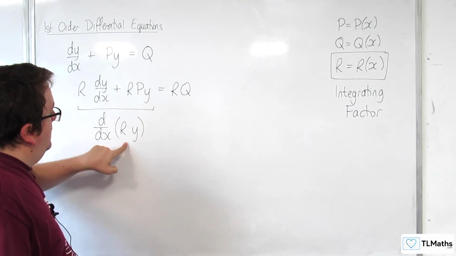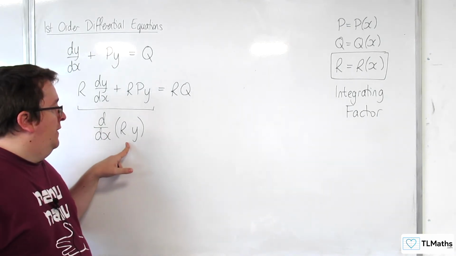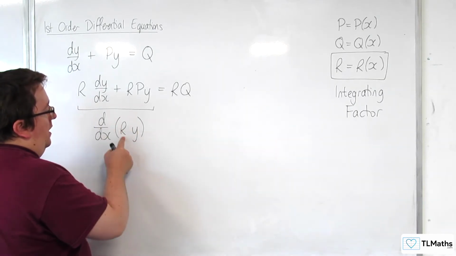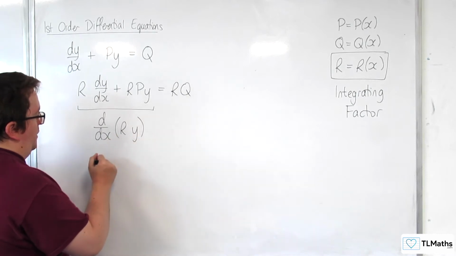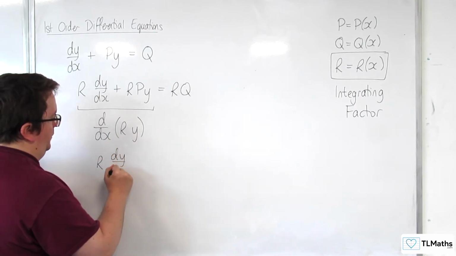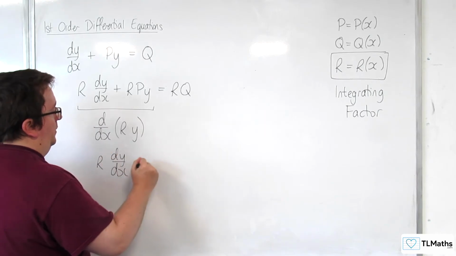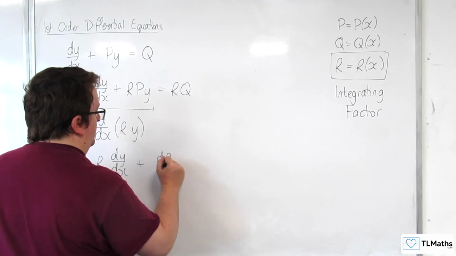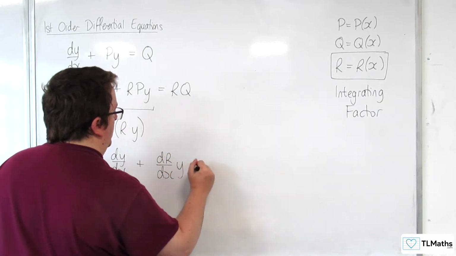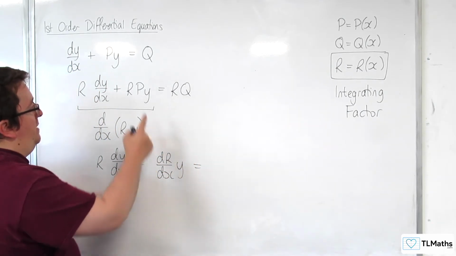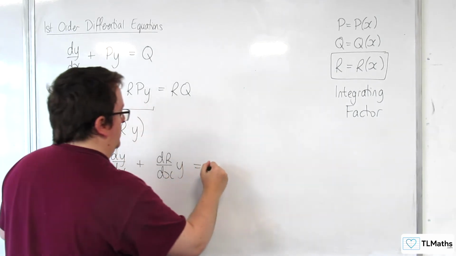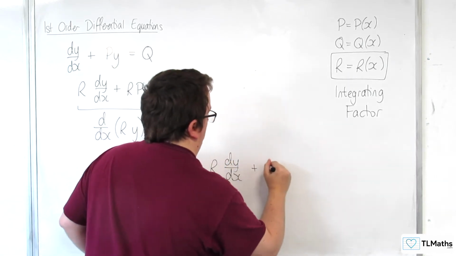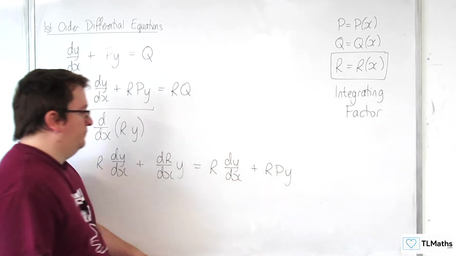So, let's take a look at d by dx of r times y. Well, that would be, using the product rule, r times the derivative of y, so r dy by dx, plus y times the derivative of r, so dr by dx times y. And I want this to be precisely the same as this. Okay?